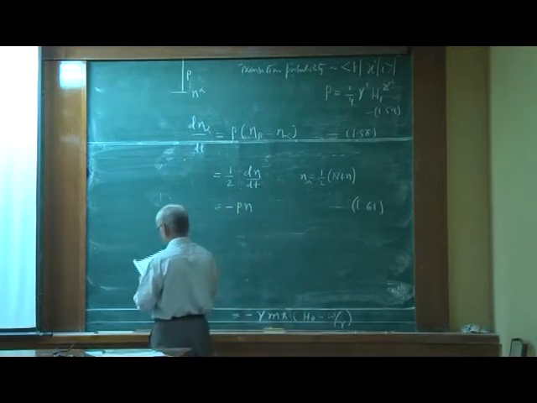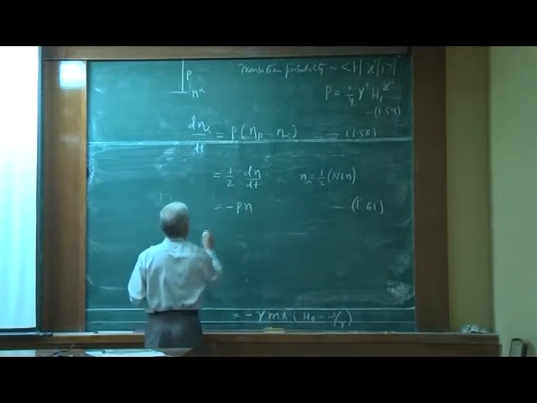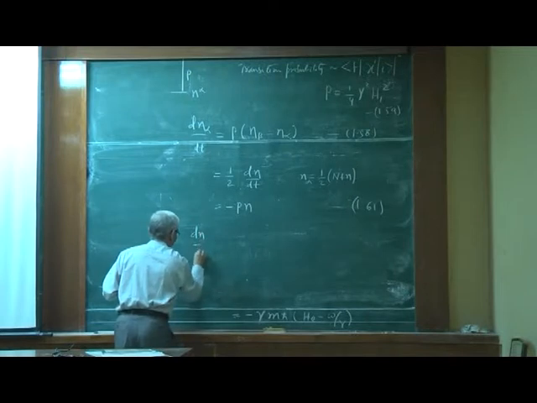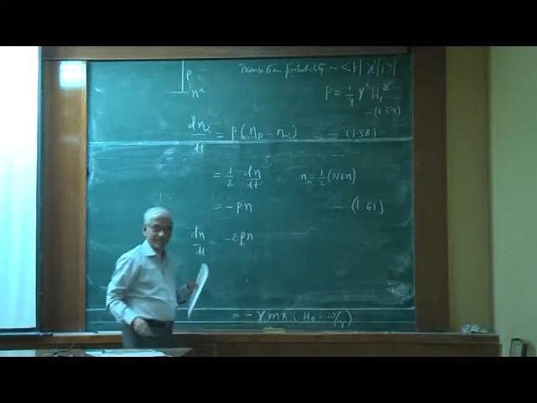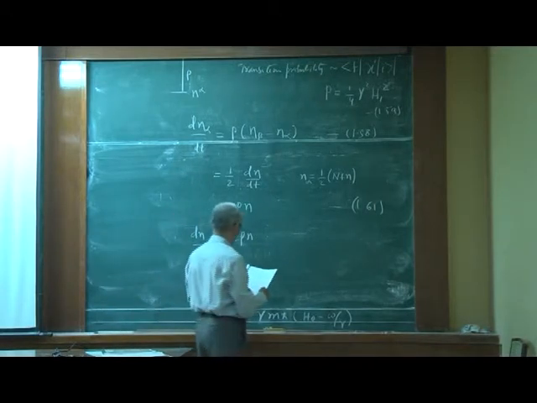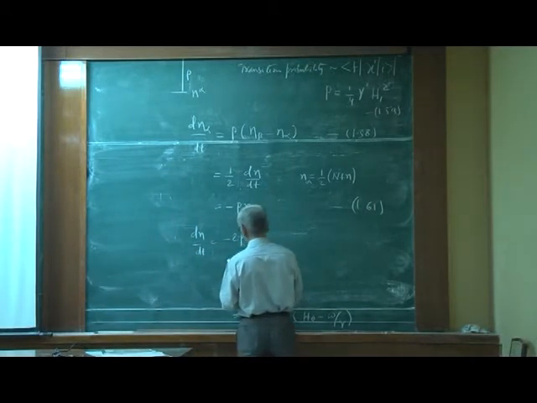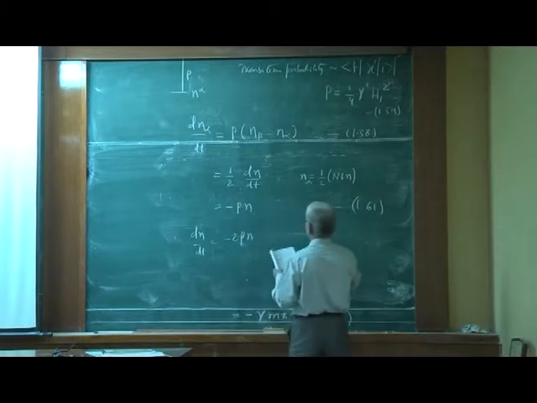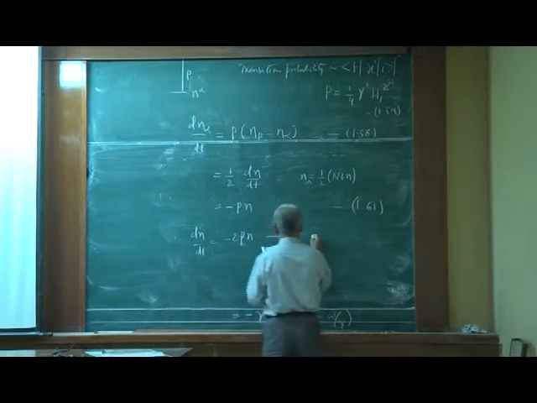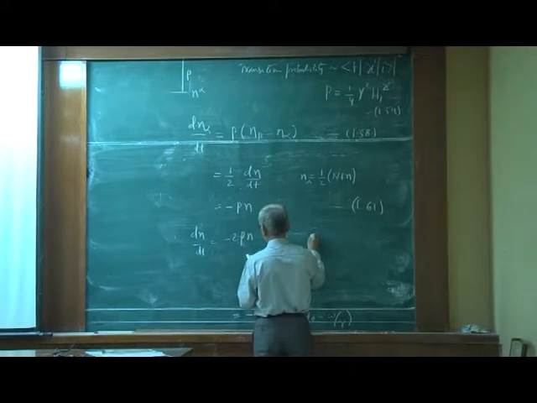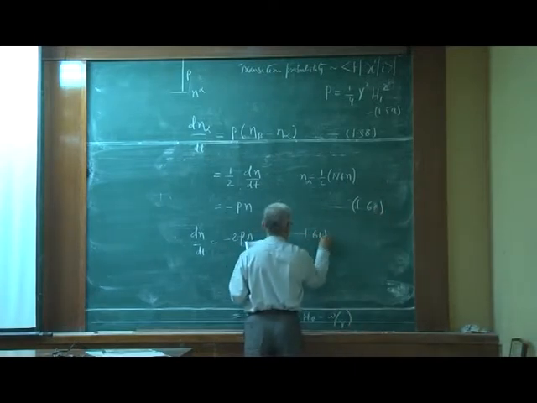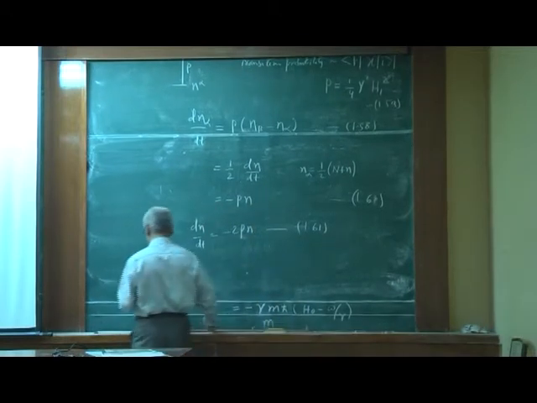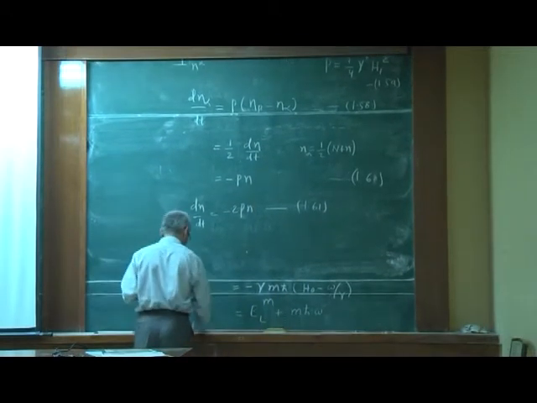This can be easily solved, right? Half dn by dt, therefore dn by dt is equal to minus 2 Pn. So actually this is 1.60, and this is 1.61. And what is the solution of this?